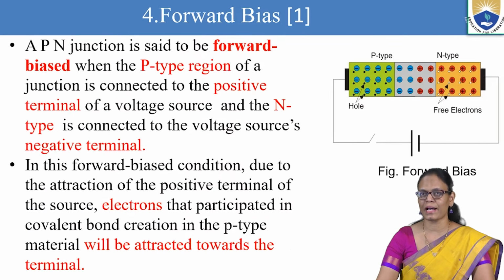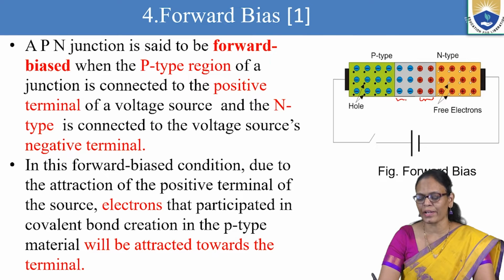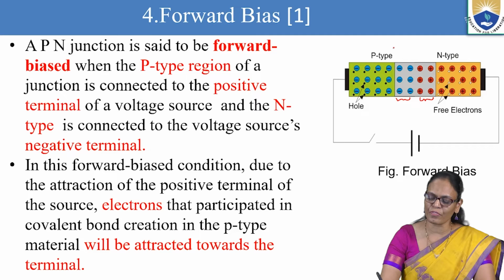So coming to biasing, when we discussed the potential barrier, because of the diffusion of electrons from N side to P side, there are positive ion sites on the N side and negative ion sites on the P side, because of which a barrier is formed.